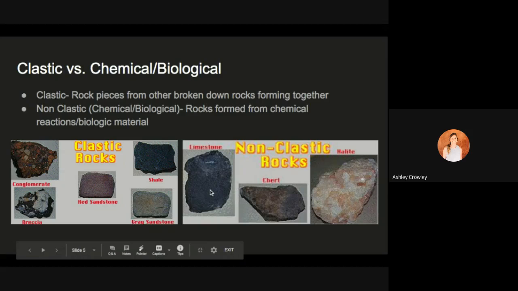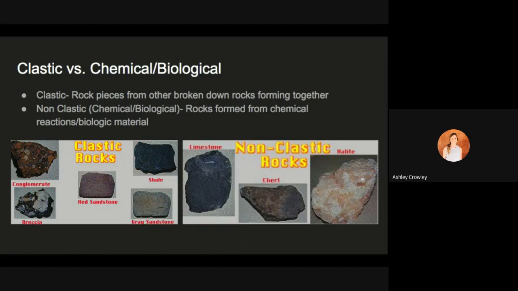So here, limestone, an example of how we form limestone is from seashells decomposing over time and then getting compacted. And so you're going to find limestone deeper in the earth just based off of that biologic material of those seashells, which are formed by biology.